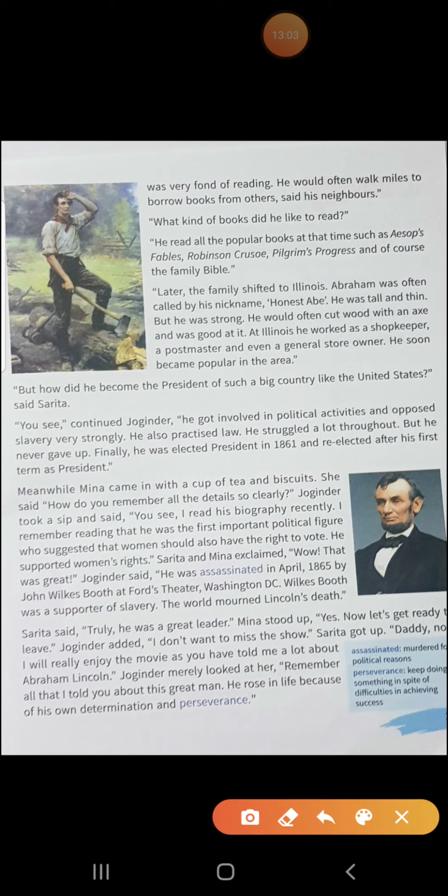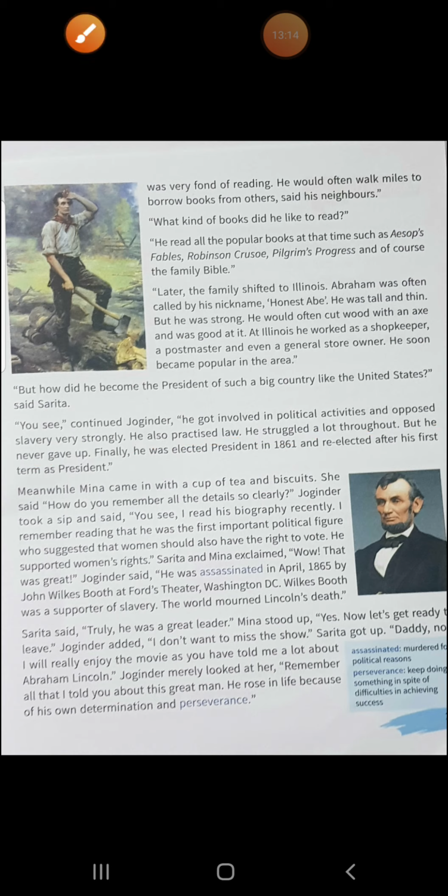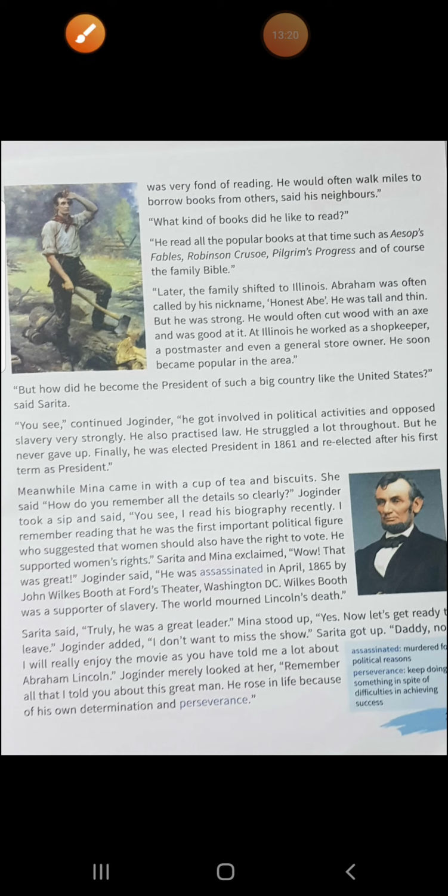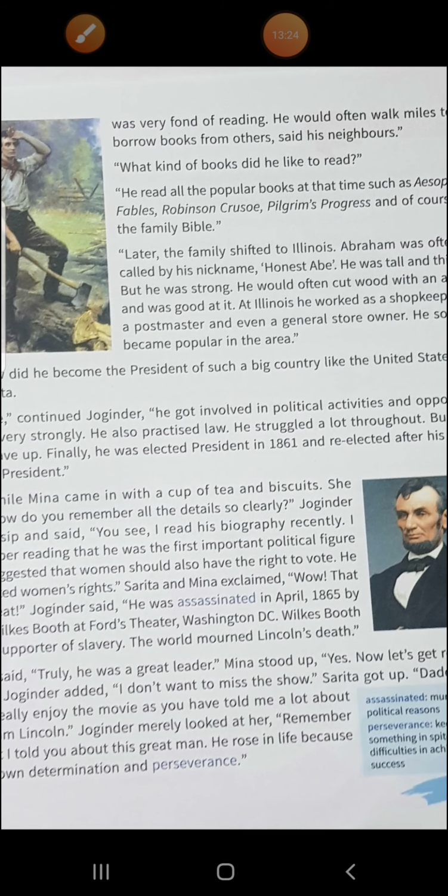Then see here, he also practiced law. He struggled a lot throughout, but he never gave up. Finally, he was elected president in 1861 and re-elected after his first term. He also practiced law. Practiced law means he studied law.